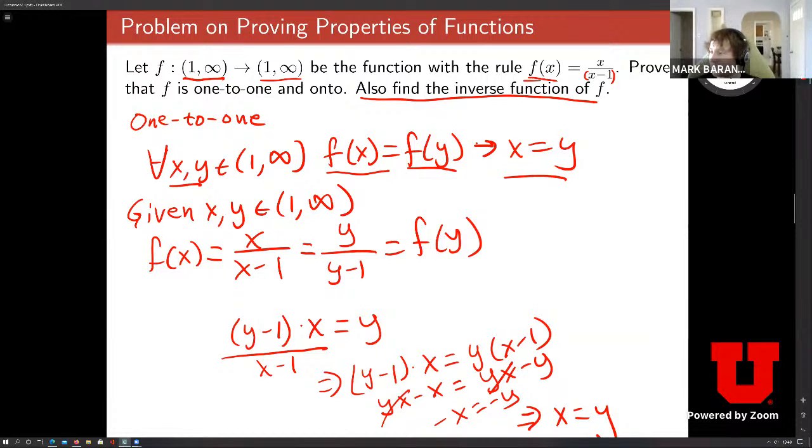Any questions on that? Comments? Any last questions before... Do we want to see the onto one? That one's more involved.